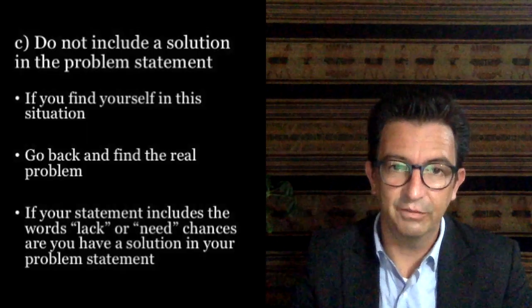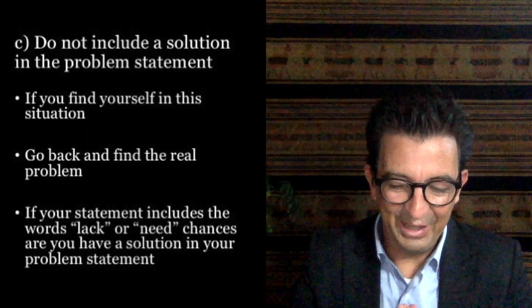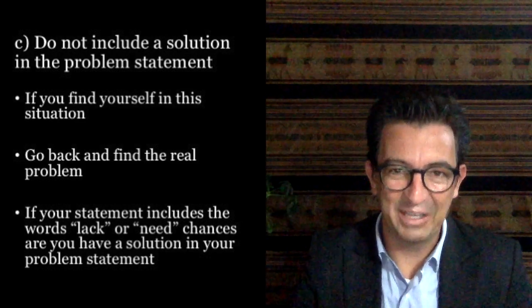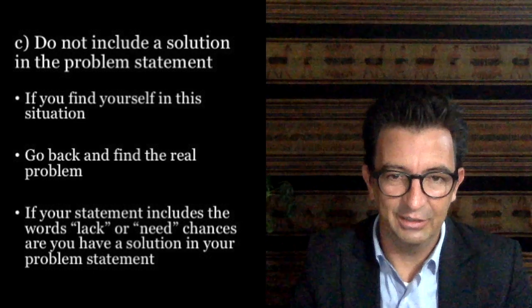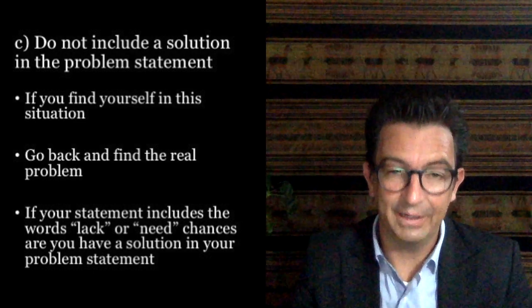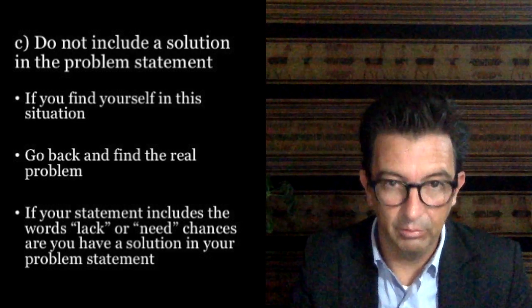When we constrain ourselves to just a lack of computers, we were stuck. So do not embed a solution into the problem statement. If you find yourself in that situation, when your problem statement only has one solution to it, you probably embedded a solution in it. So you have to go back and find the real problem.